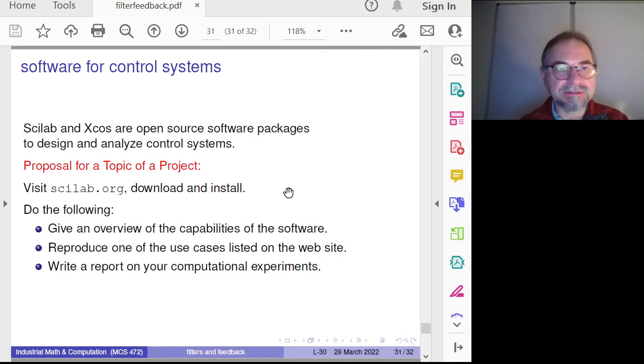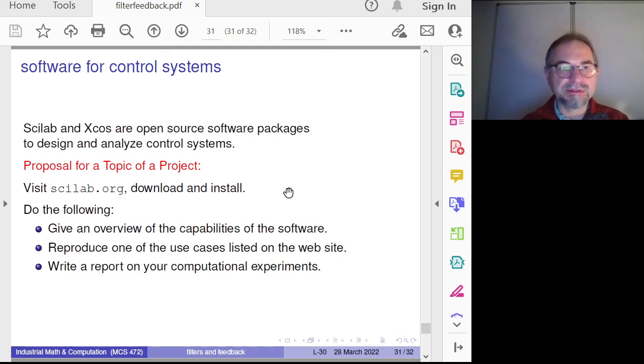The website for the software lists various use cases. Reproduce one of those use cases. This is a little bit open-ended. Consult with me if you run into difficulties. Report writing is very important in this course.